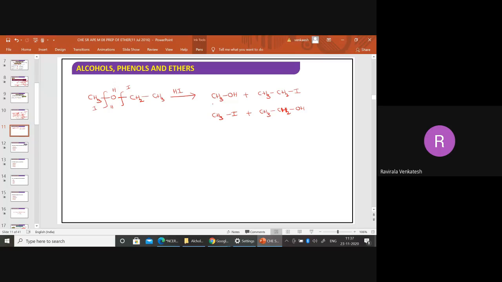Understood this one? Any doubts writing these products? This is the first combination, and this is the second combination. Now, which one is the correct one? That is important for us. Are you there? Yes, sir. Understood? Are both combinations getting formed or not? I want to explain again.